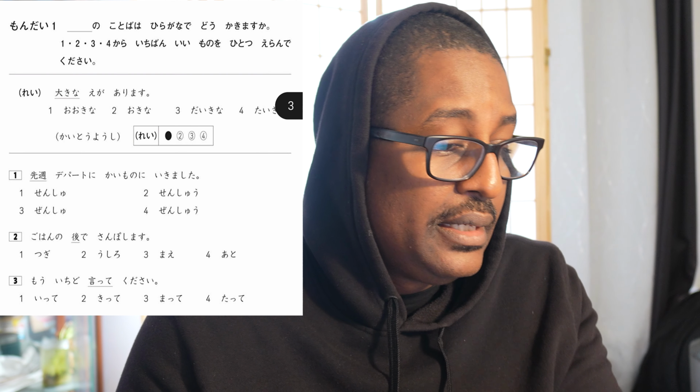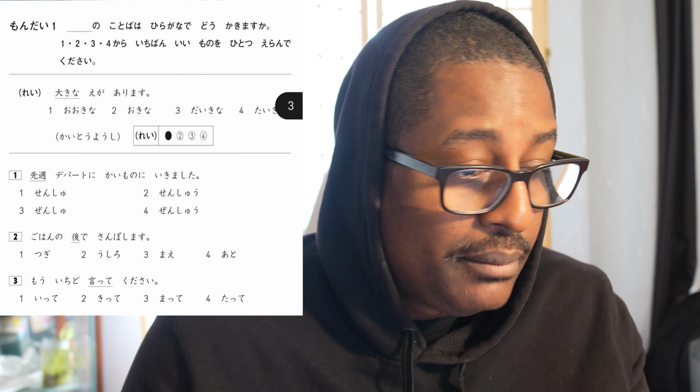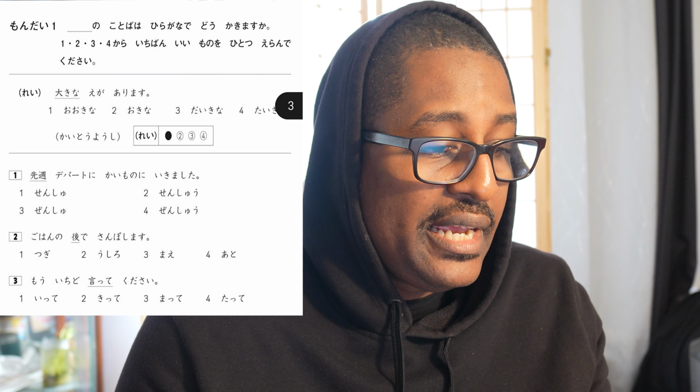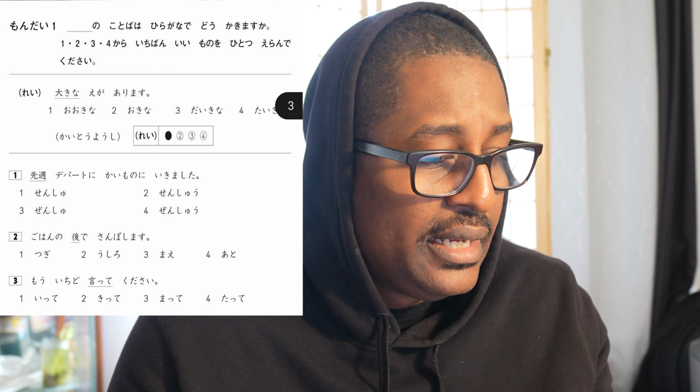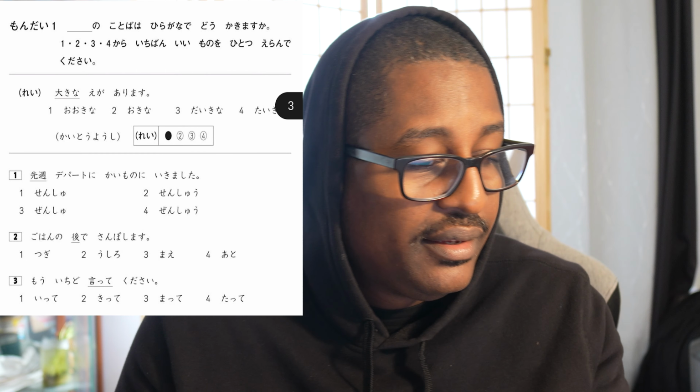You don't really even need to know that. You just need to know the underlying word. So number 2, right? And it says gohan no blank sanpo shimasu, right? So we have to understand what this underlying word is. The first one, ichi, is sugi, right? Number 2, ni, ushiro, right? What does that mean?